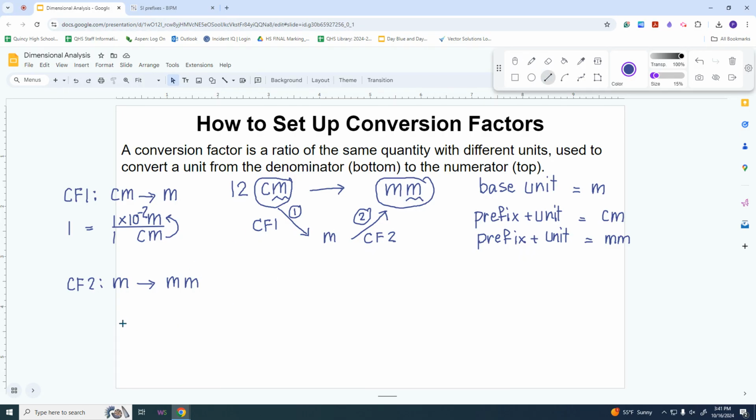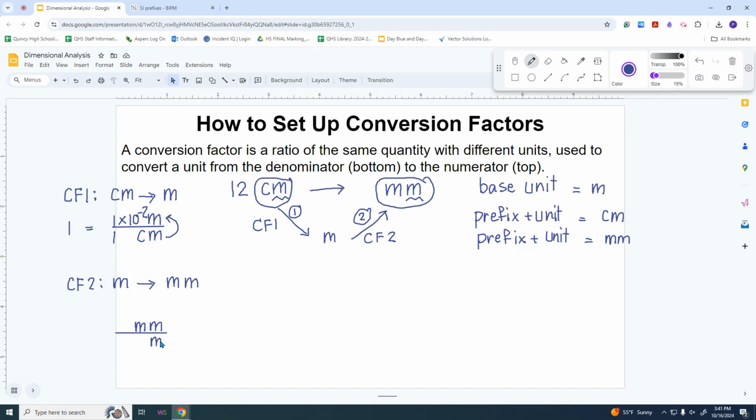Same thing. You have to set up a ratio with the unit that you want. Follow the arrow, okay? The unit that you want is millimeter, and the unit that you want to cancel is the unit meter, okay?